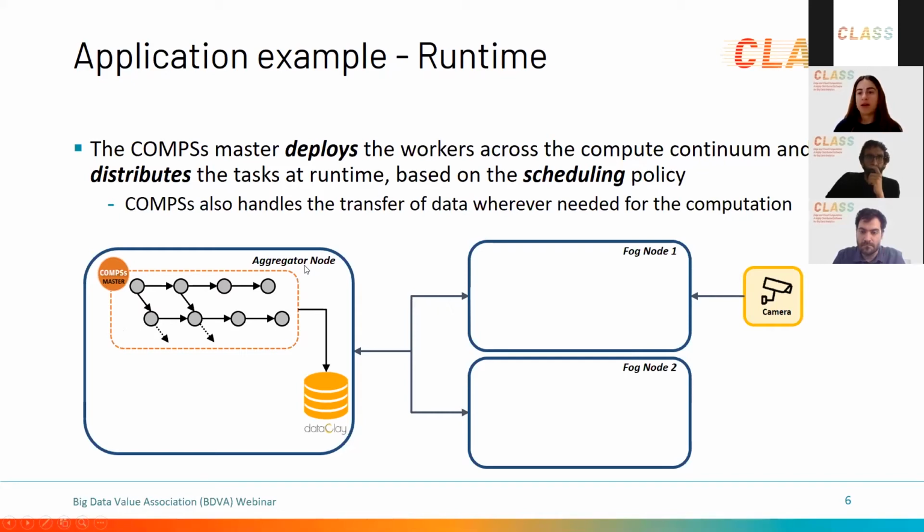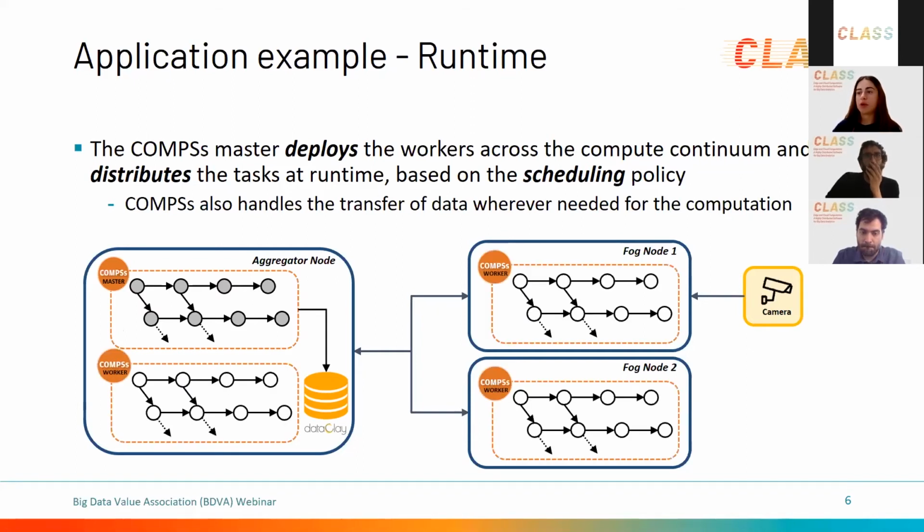And in runtime, the main function will generate all the tasks and then handle their distribution. So the first step would be to deploy the workers to all the available resources and then distribute the different tasks based on some scheduling policy. So as I said before, for example, in here, let's assume that the object detection and tracking is assigned to fog node 1 because it's closer to the camera where the data is generated.